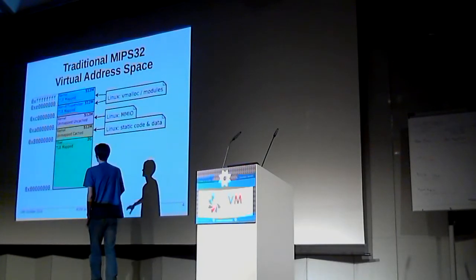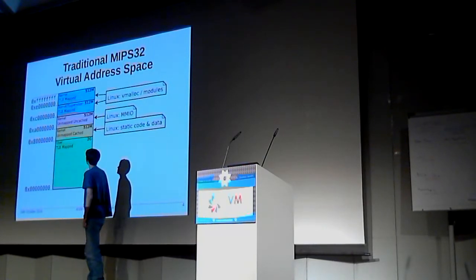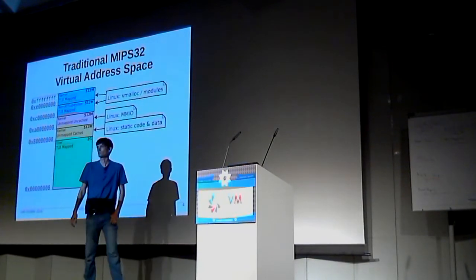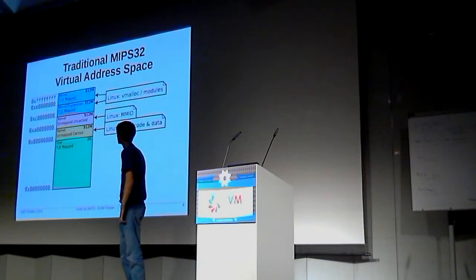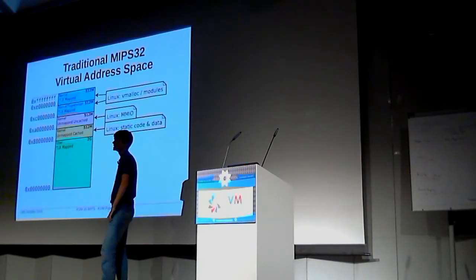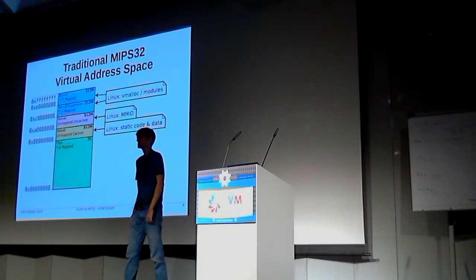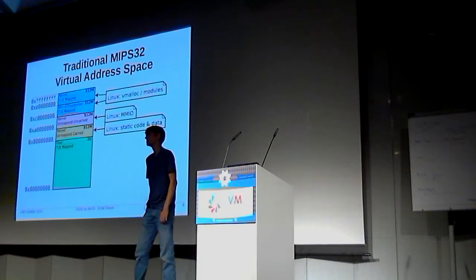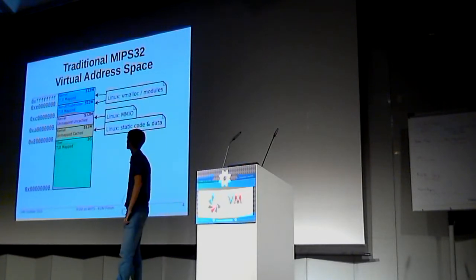This and this segment direct map to the low 512 meg of physical memory. Then the top blue segments can be used by the kernel for its own mappings. That's used for things like vmalloc, which includes module code, which impacts us, as I'll show in a minute.